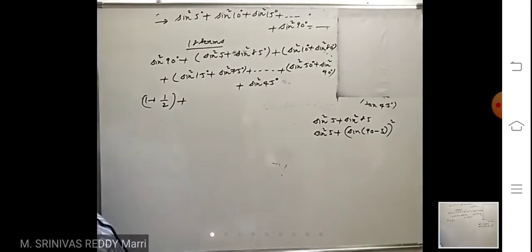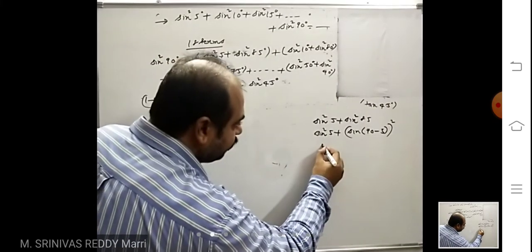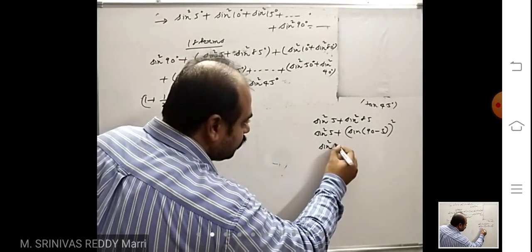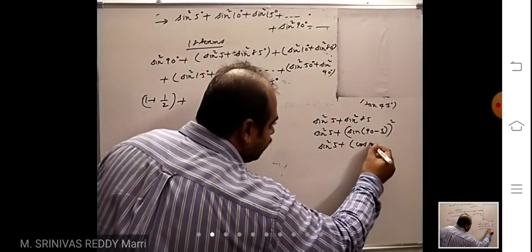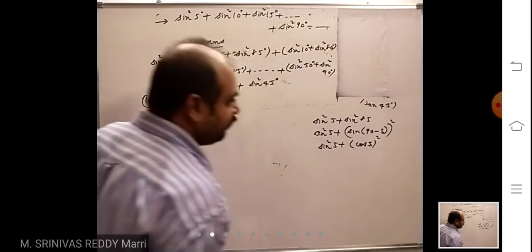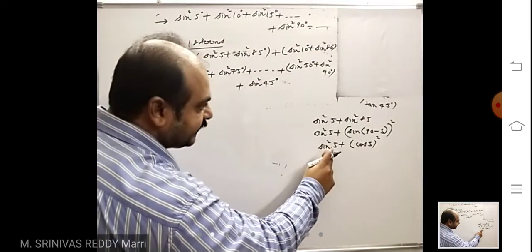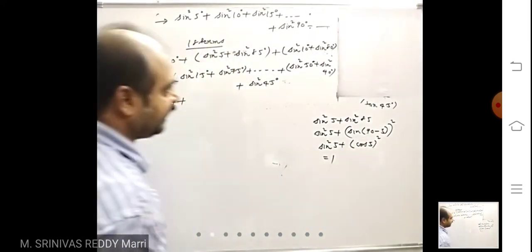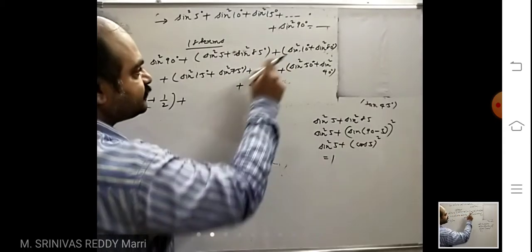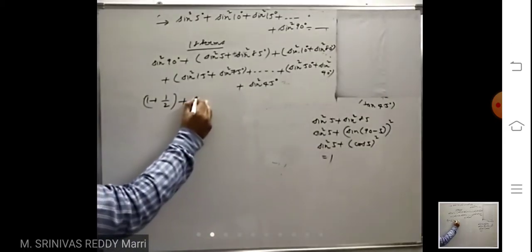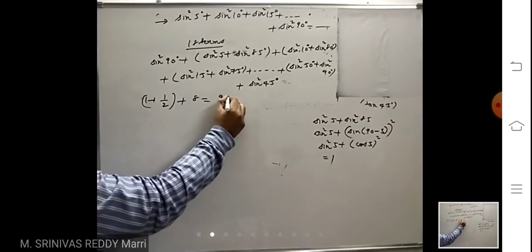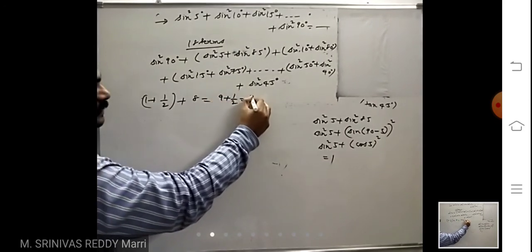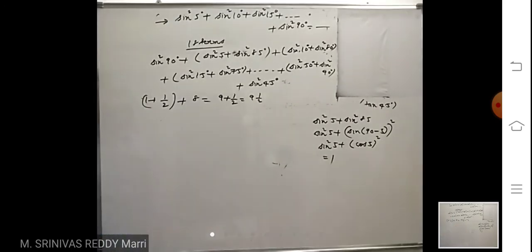Sine 85 I have written as 90 minus 5. Sine of 90 minus theta is cos 5, whole square. This is sine square theta plus cos square theta, 1. That means every bracket is what? 1. How many brackets are there totally? 8. That means 9 plus 1 by 2. This is what? 9 and a half.